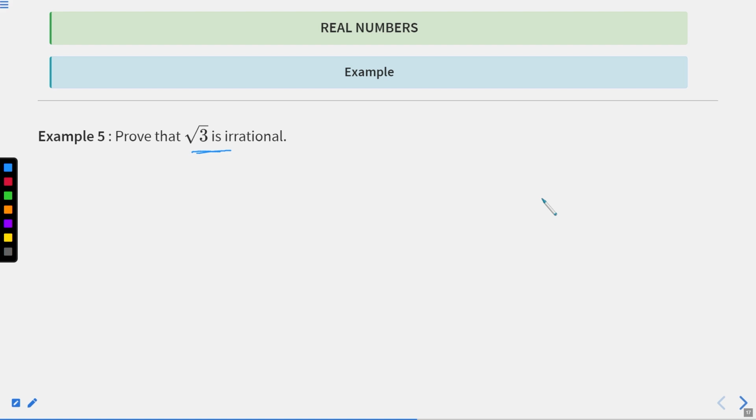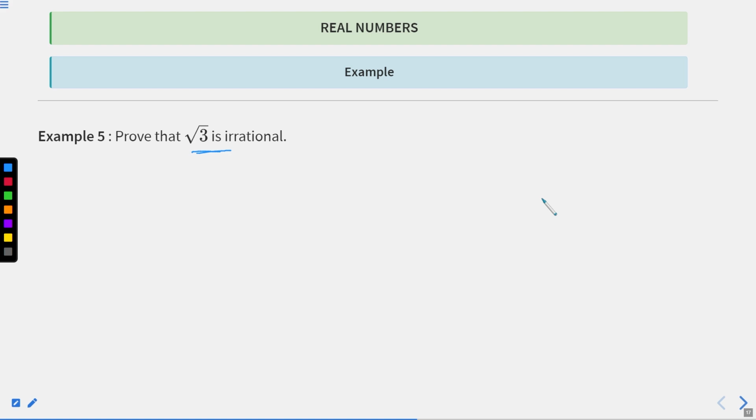So here we see 2 divides a and also 2 divides b. Therefore a and b have 2 as a common factor.